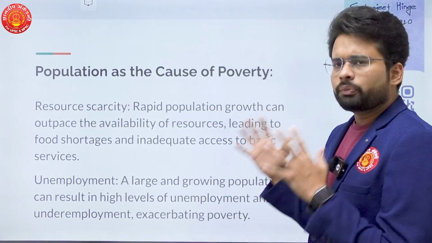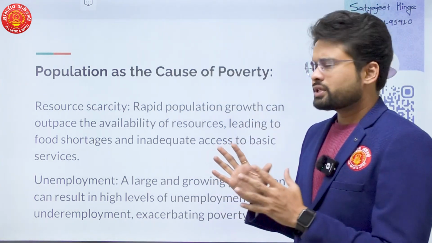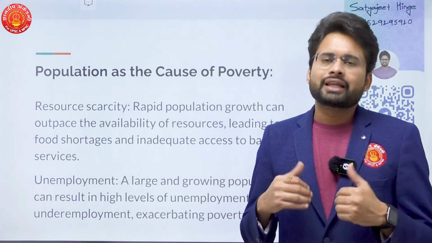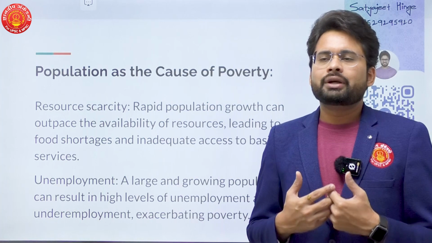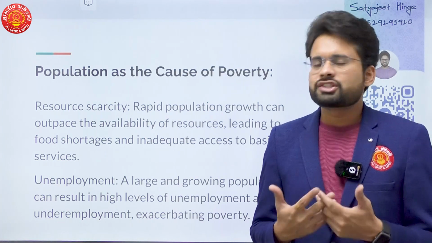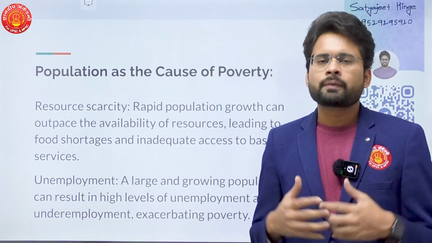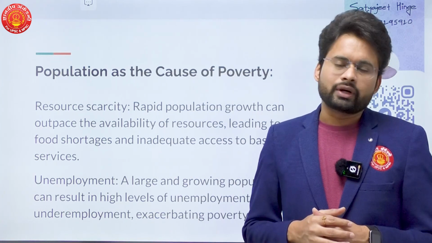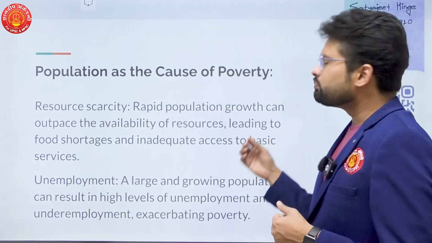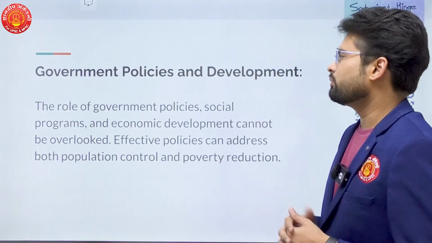Because of scarcity in resources and rising unemployment, it leads to what? Poverty. As the per capita income, per capita resources, per capita budgetary distribution on the population of the country will be minimal, it will lead to, again, poverty. So population as the cause of poverty we can justify with this couple of points.